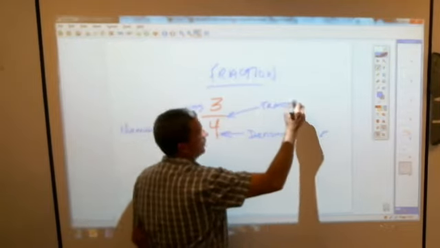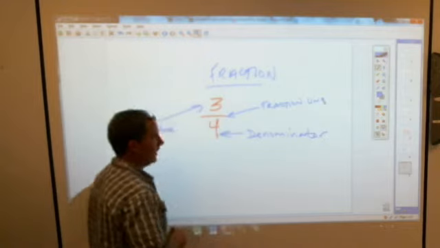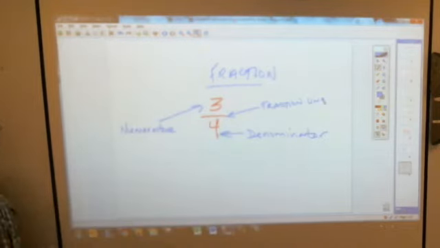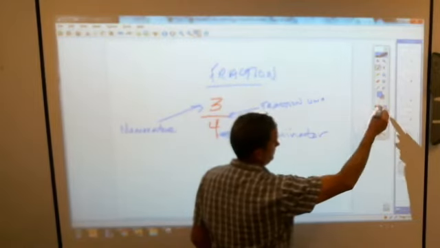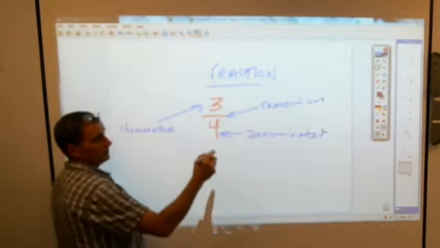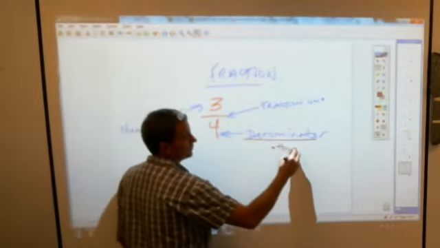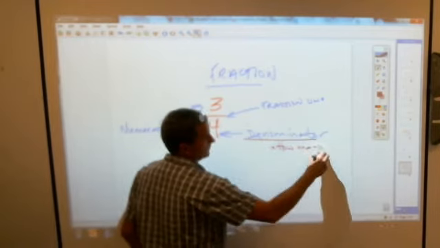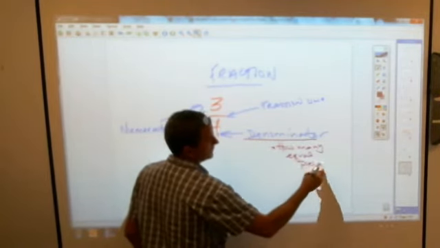And don't forget, we've already talked about this, I think. Maybe we haven't. A fraction is nothing more than a glorified division problem, really. Let me change colors on here. The denominator, the bottom number, tells you how many equal pieces you cut something into. How many equal pieces.